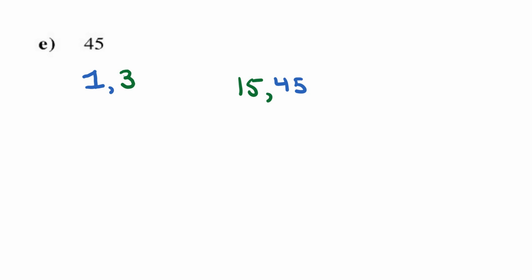And then we also have the number 5. 5 times 9 gives us 45. If I count up all these numbers, 1, 2, 3, 4, 5, 6, we can say there are 6 factors here. These are the 6 factors that divide evenly into 45.